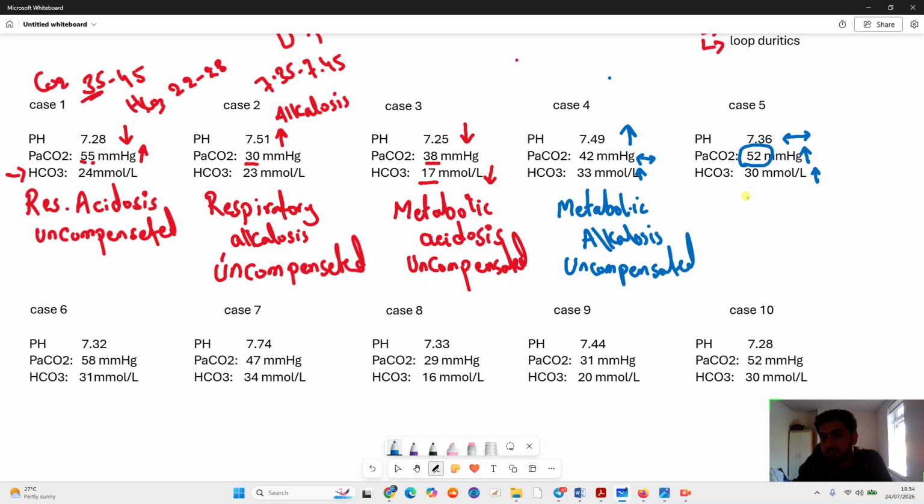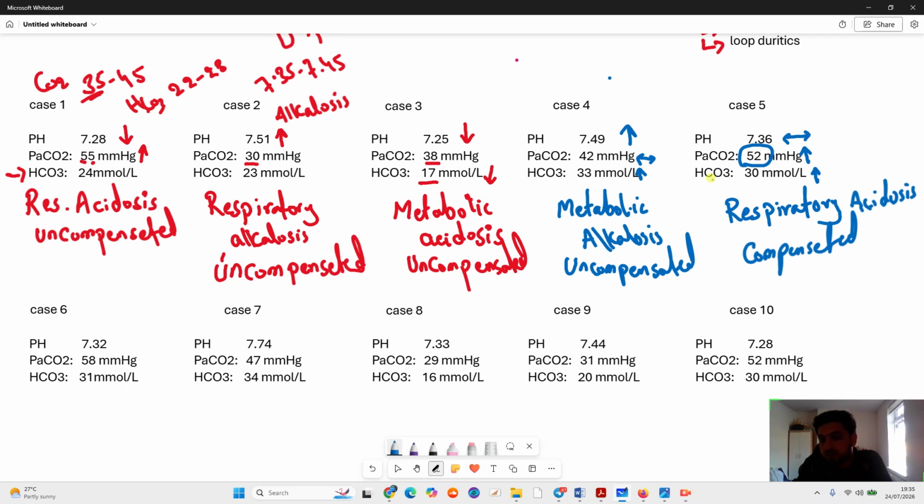Because carbon dioxide is high, when the carbon dioxide is high, it means acidosis happens. So respiratory acidosis happened, but it was compensated by who?